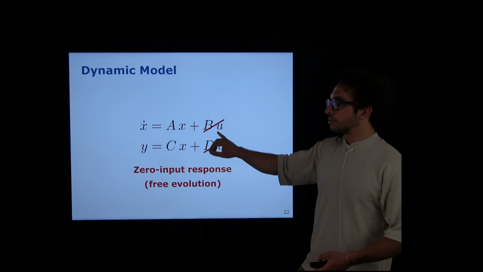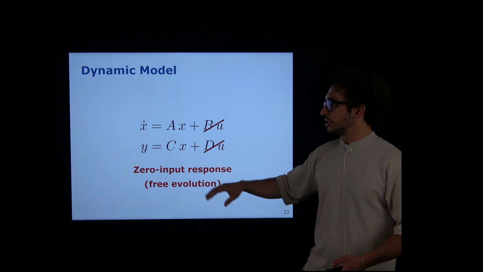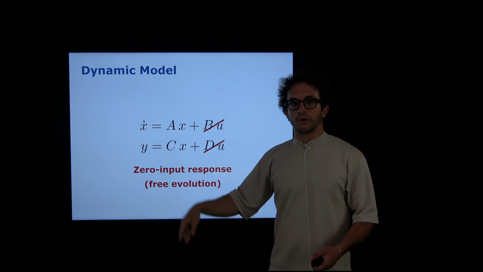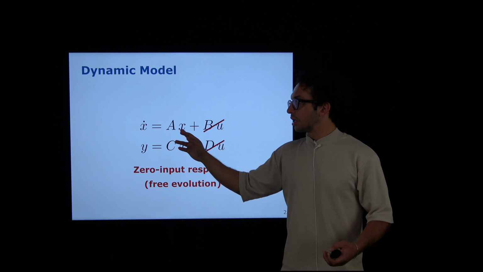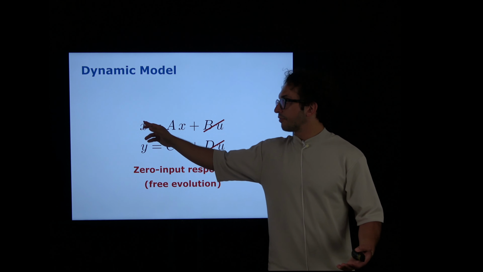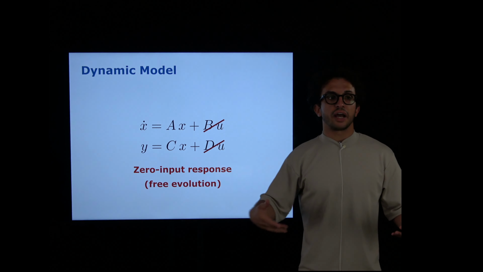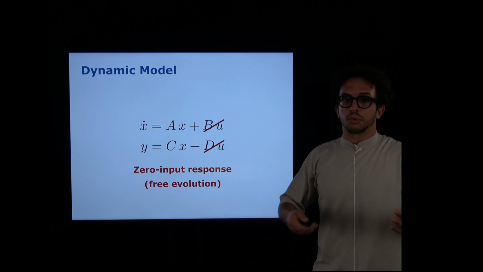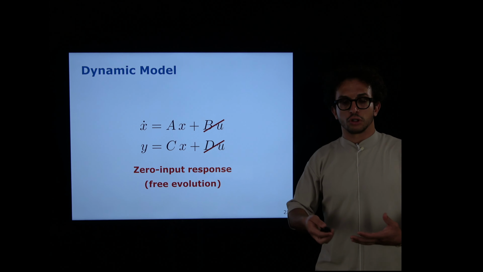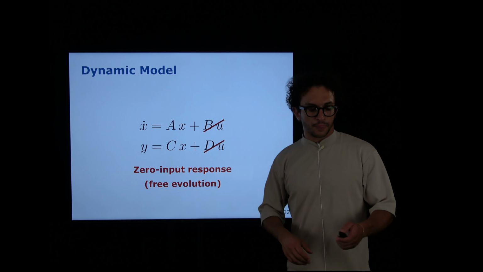So this part disappears because u is 0. This part also disappears. And this is how the system evolves. It means that there are still some constants that evolve based on the state. And then we have how the state varies based on the initial state, based on the internal evolution of the system, without any input applied.